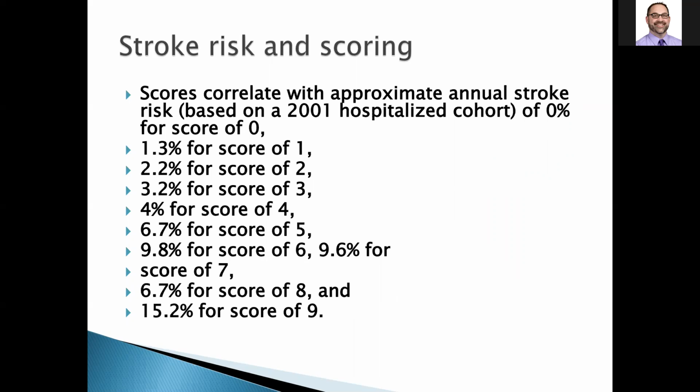Stroke risk and scoring is something that you can talk to your patients about, especially when you talk to them about the need for anticoagulation. If they have an elevated score, the more likely they are to have an associated stroke. So they need to understand that there's a risk benefit from anticoagulation.